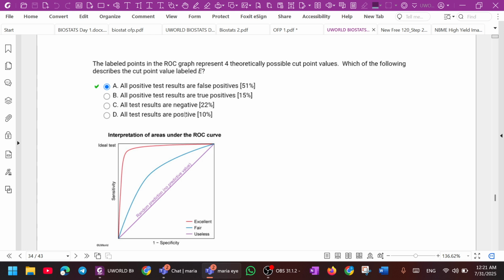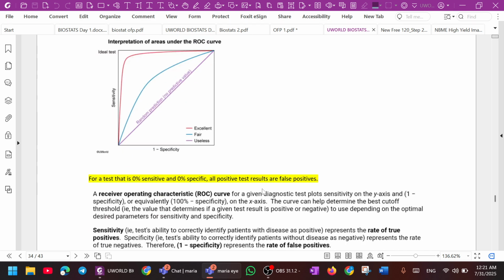Low sensitivity will be all results are false negative, since sensitivity goes with false negative, right? Okay, never mind. I think I got it. Okay, next.